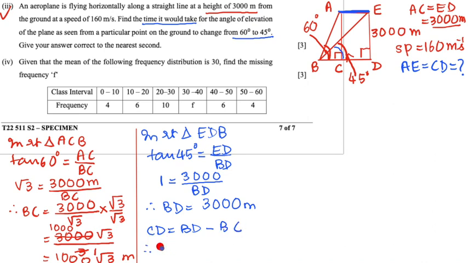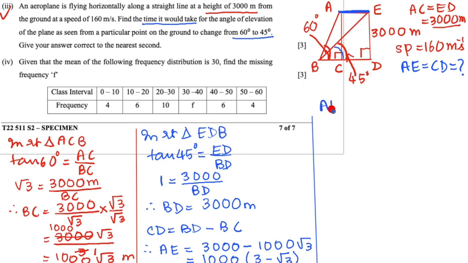Therefore, in place of CD, we will write AE is equal to BD, which is 3000, minus BC, which is 1000 root 3. So you will have 1000 common, into bracket it will be 3 minus root 3. Continuing with AE will be equal to 1000 into bracket 3 minus 1.732.